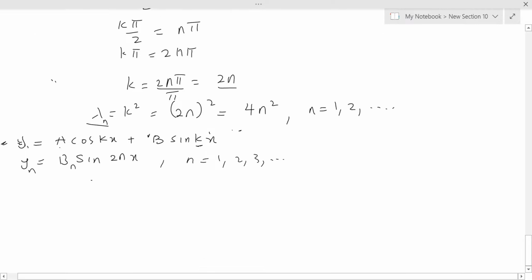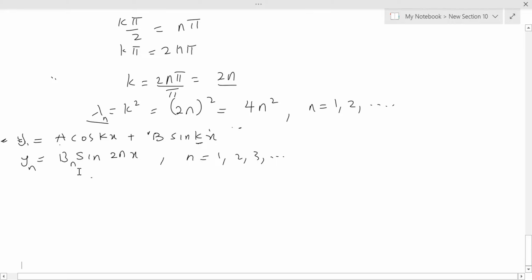It's 3 dots, so don't put 10 dots in your work. So when n is 1, you get b1 sine 2x. When n is 2, you get b2 sine 4x, like that. So this is the eigenfunction, and this is the eigenvalue.